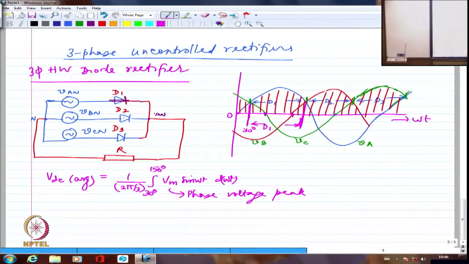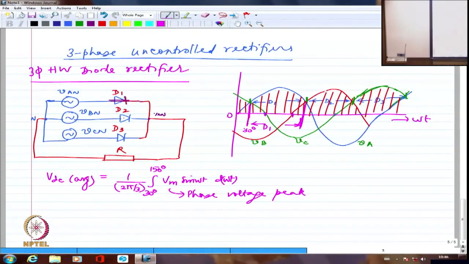So this is the kind of expression I will get for a 3-phase half-wave rectifier with diode, so it is an uncontrolled rectifier.